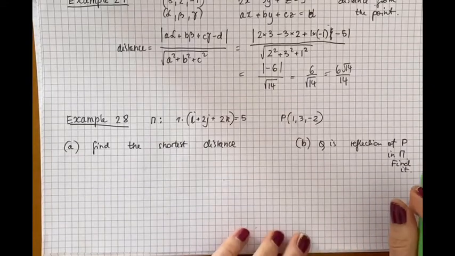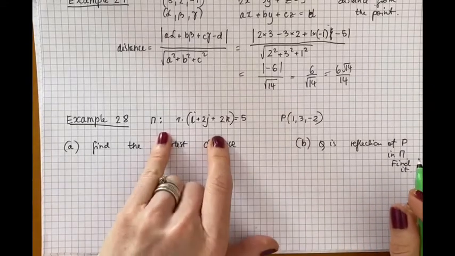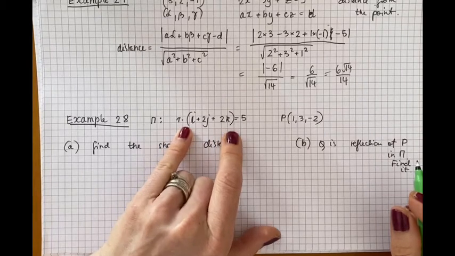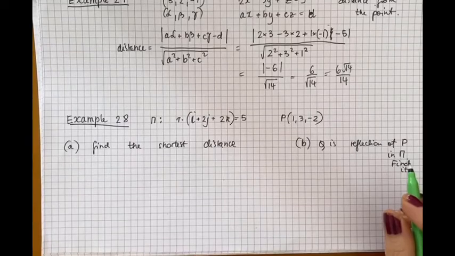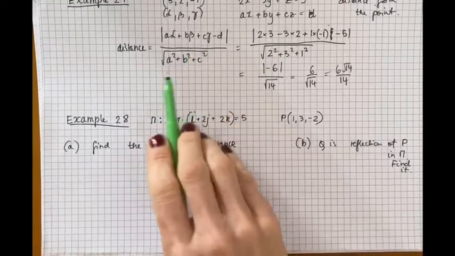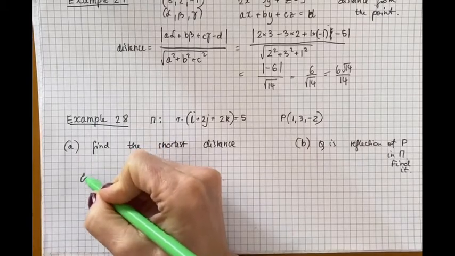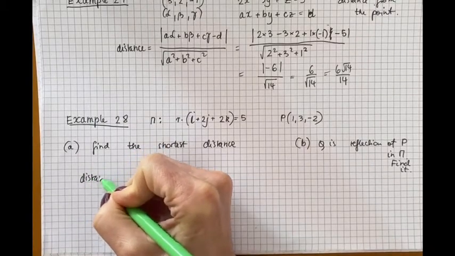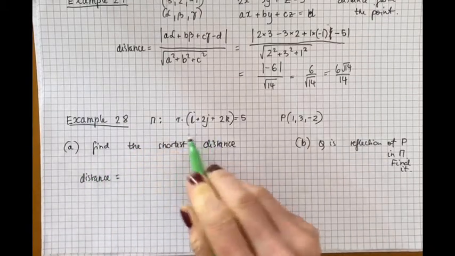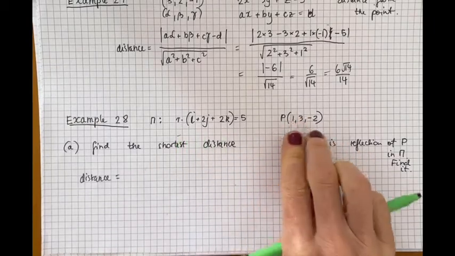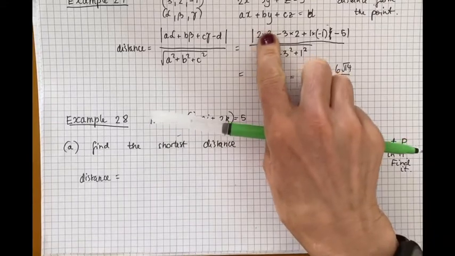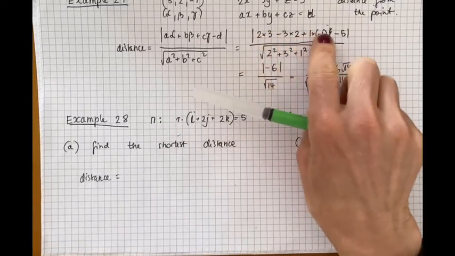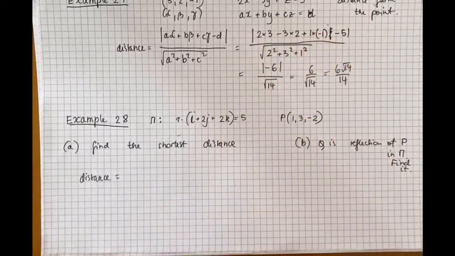Okay, so example 28, here's the plane pi, r dotted with 1, 2, 2 is equal to 5, and here are the coordinates of the point. We've got to find the shortest distance, so I'm not going to rewrite that, just going to use that straight away. I'm literally dotting together this point with the normal vector to obtain the first 3 parts of the numerator.